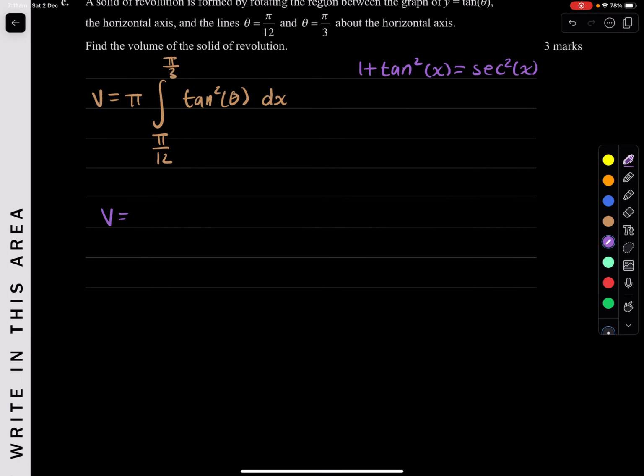So your volume is just pi, integral from pi over 12 to pi over 3 of secant squared theta minus 1 d theta. I'm supposed to write that as d theta, why do I write dx? It's supposed to be d theta.